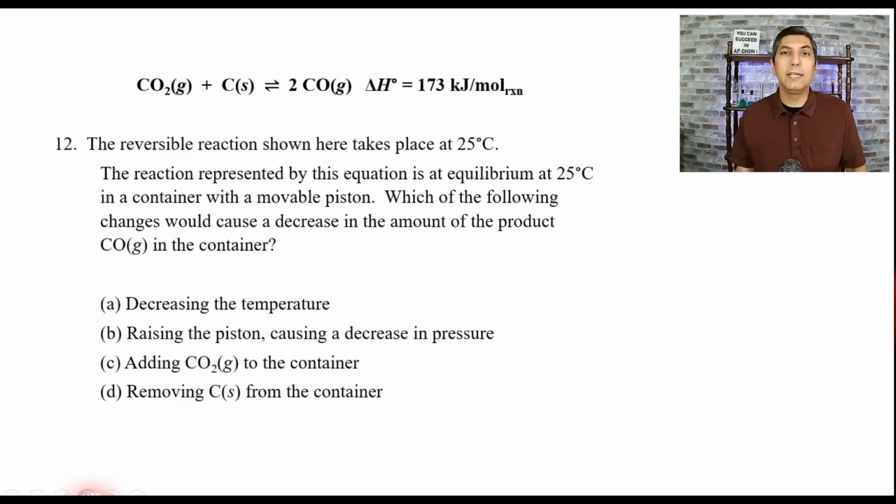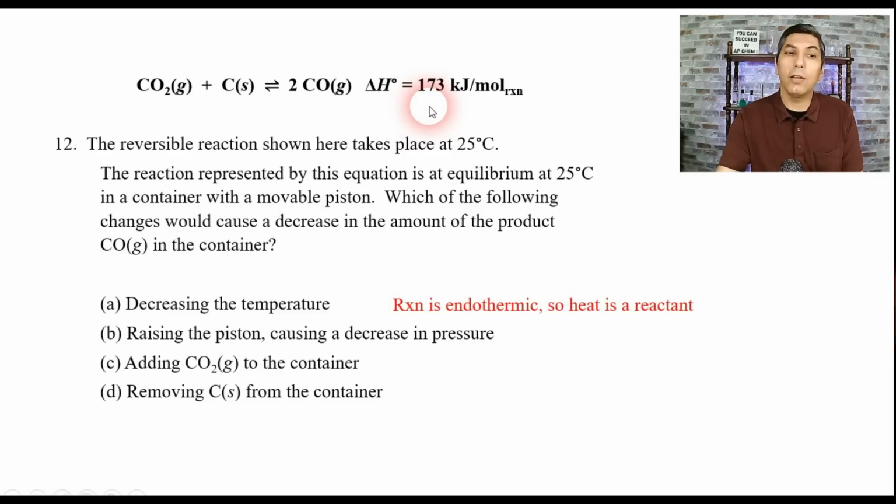The first one says decreasing the temperature. Well, first we can look at the delta H for this reaction, and we see that since it's a positive value, the reaction is endothermic. Now, in endothermic processes, heat is acting as a reactant. So if we write in heat as a reactant here, and we're decreasing the temperature, that means we're essentially removing heat.